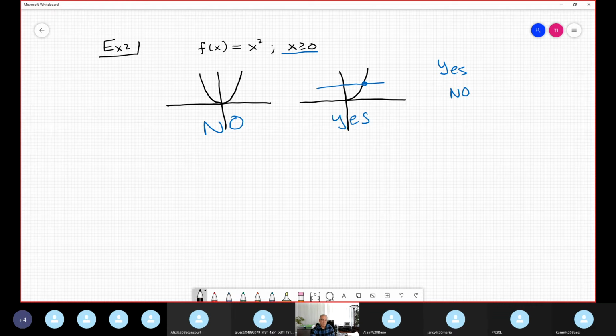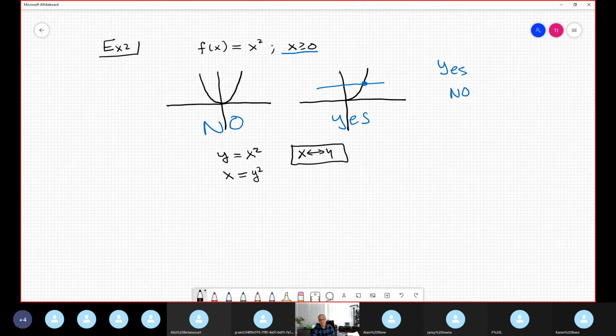Now, the second step is to determine the equation. Remember, this is my f of x equal x squared. You replace f of x with y, and now you interchange x and y. This is the most important, that is the reason I put it inside the box. This is x equal y squared.